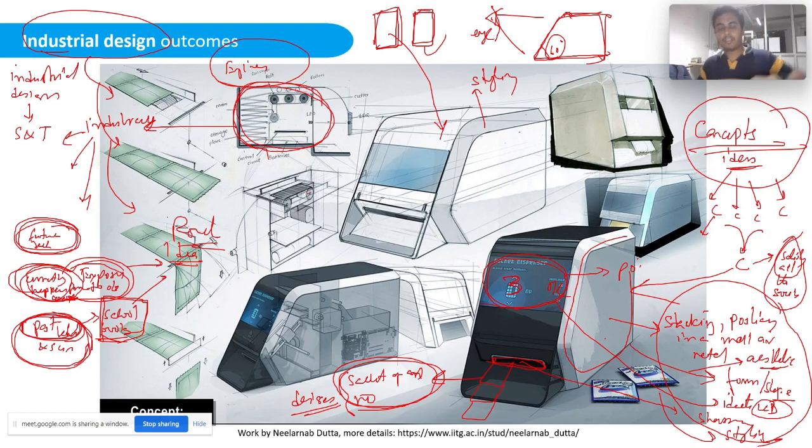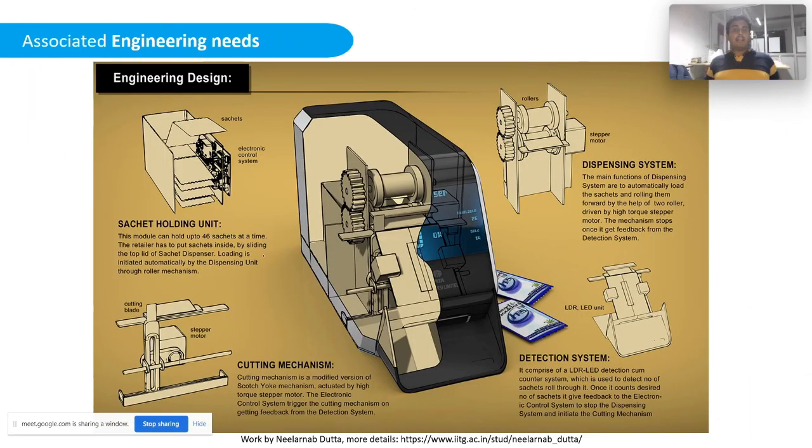However, the intricacy and the detailing, like the exact requirements to bring this particular concept into reality, happens in the engineering design phase. And this is the nature of an engineering requirement.